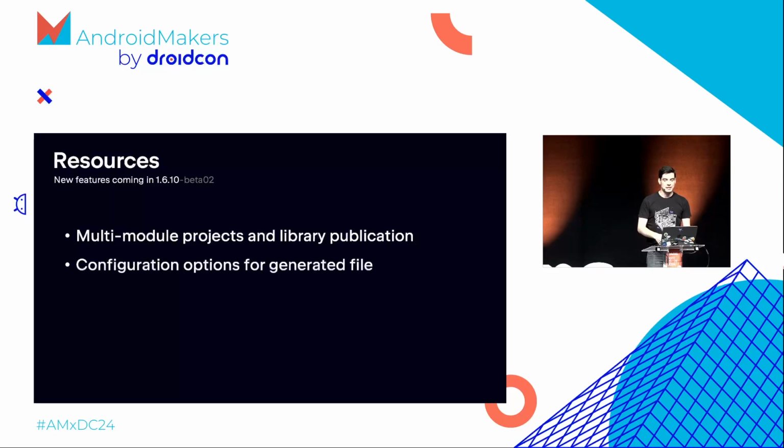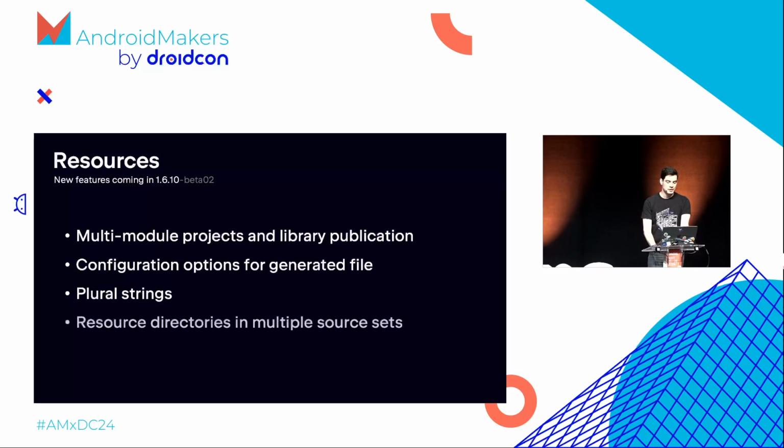Then we have added some configuration options for the generated accessors, so you can control the package visibility and other options around it. We got a community contribution to Compose resources, which added support for plural strings, again, very similarly to Android. And we can also now have resource directories in multiple source sets, so not just under common main, but under more specific source sets of your project as well.